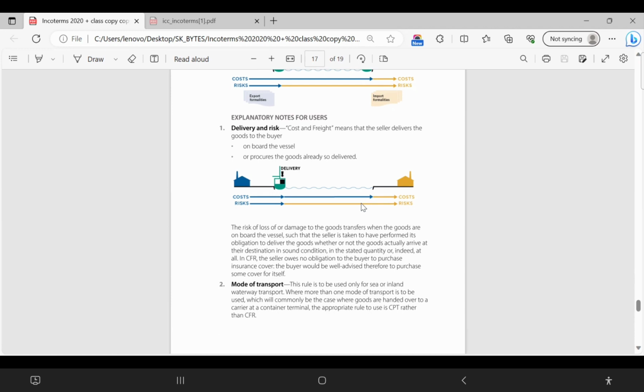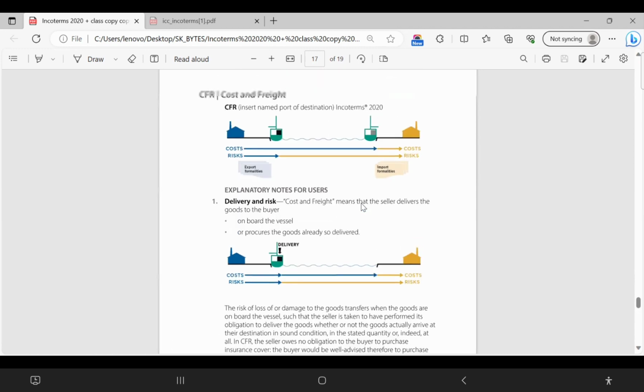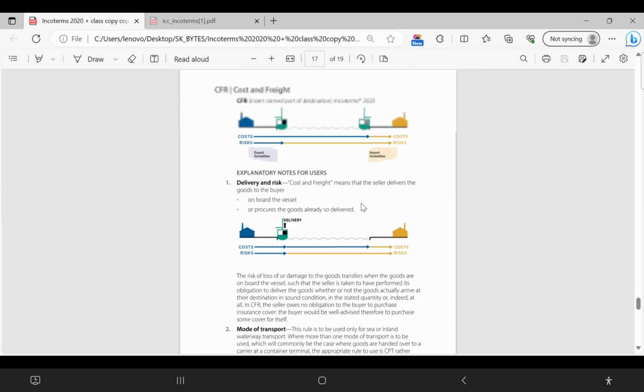In CFR, the seller owes no obligation to the buyer to purchase insurance cover. The buyer would be well advised, therefore, to purchase some cover for itself. Any doubt on CFR?